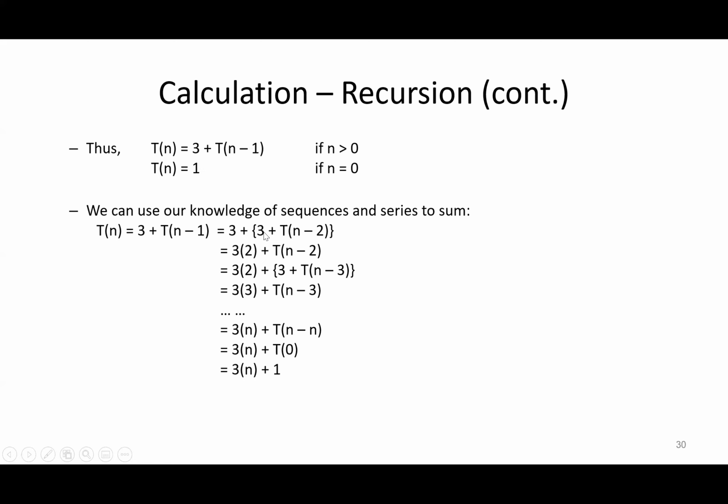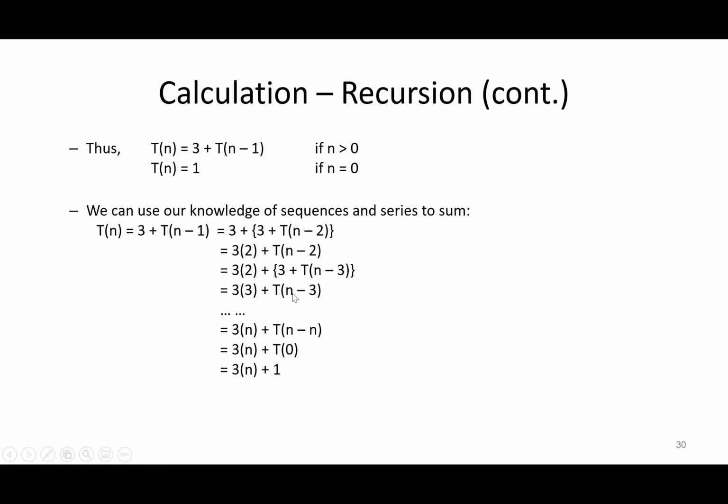Then we accumulate all the 3s, like 3 plus 3 plus T(n-2), which equals 2 times 3 plus T(n-2). This T(n-2) we can expand further: 3 plus T(n-3), then we take out the 3 here, so 3 times 3 plus T(n-3), right?